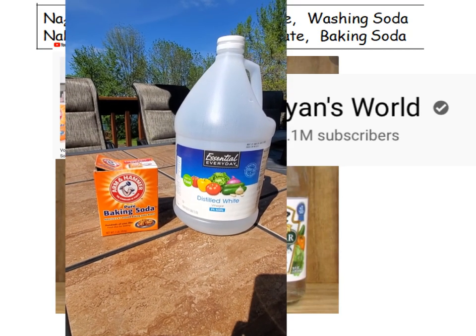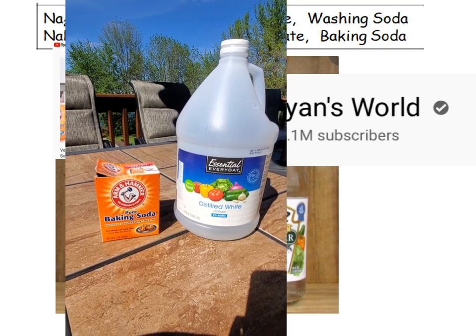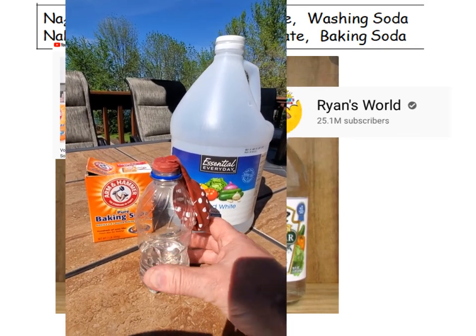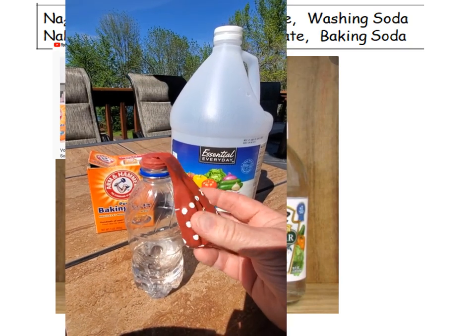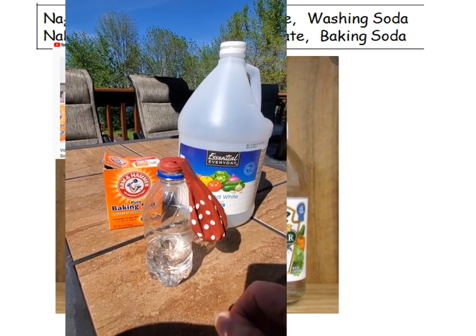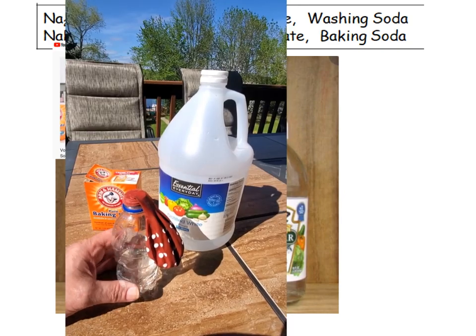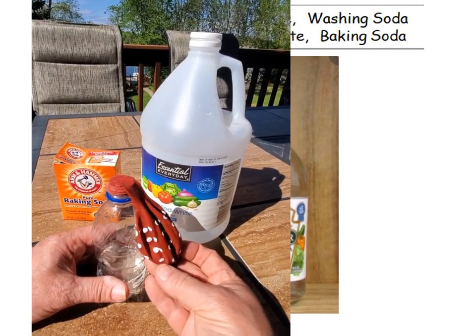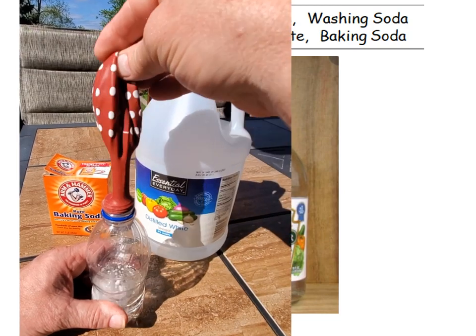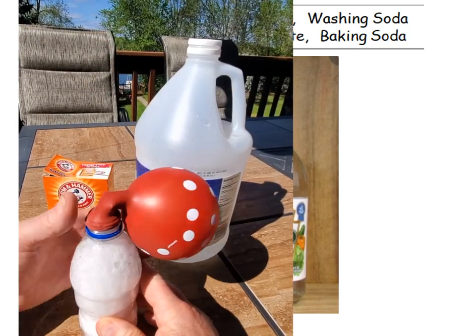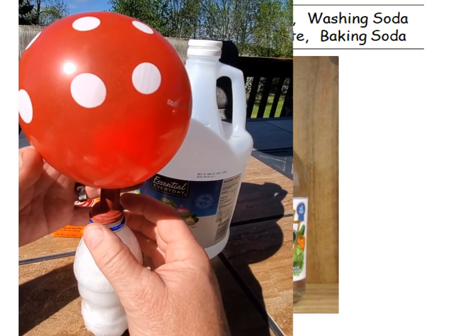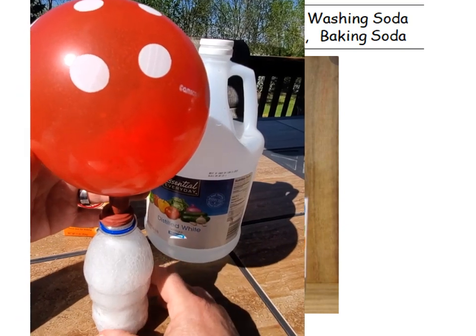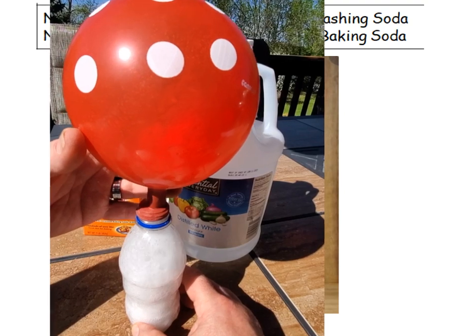Okay, let's do the classic vinegar and baking soda experiment. We're going to do it like this. We have a little water bottle with some vinegar in it, and inside of the balloon is a bunch of baking soda. To perform the reaction, we just lift up the balloon into the baking soda, and voila, carbon dioxide bubbles blow up the balloon.